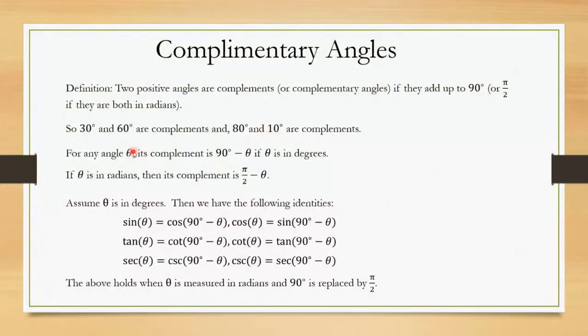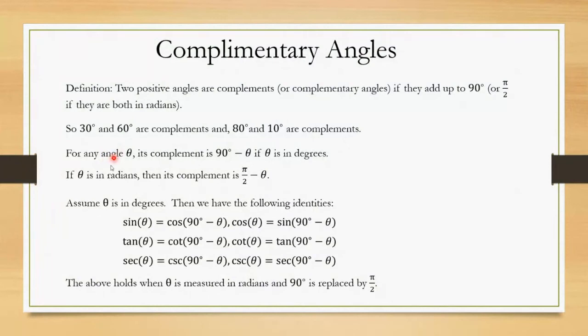So theta has to be both positive and less than 90 degrees. If it's greater than 90 degrees, then it can't have a complement. That's just immediate from the definition.